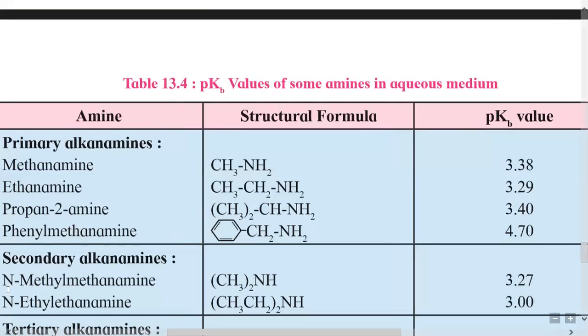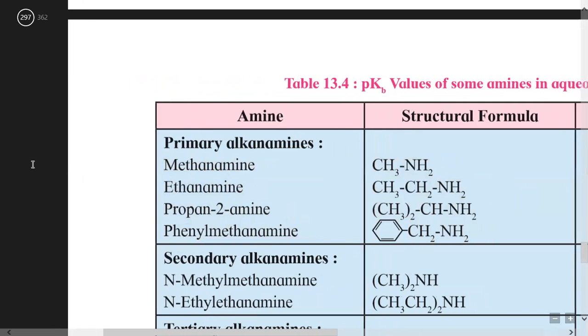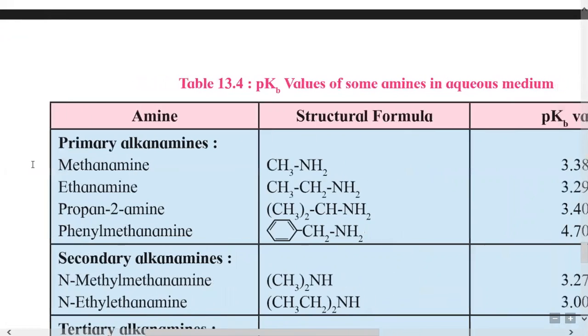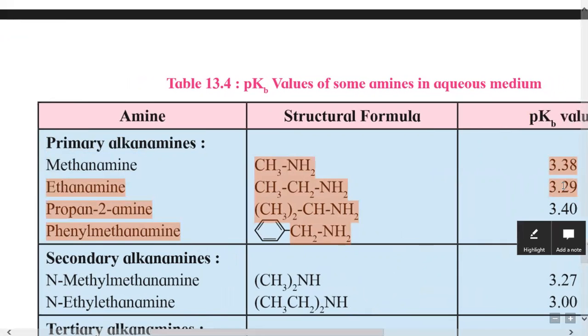The first example given is methanamine, molecular formula CH3NH2. This methanamine has pKb value 3.38. Next is ethanamine. Its pKb value is 3.29. So the smaller the value, the stronger the base.